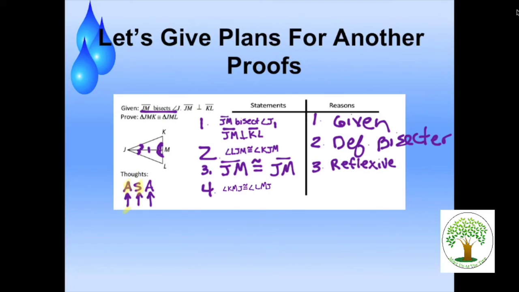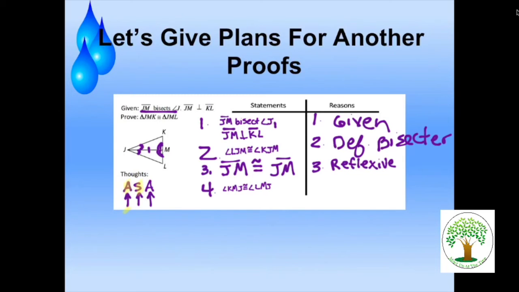Would it be the right angle congruence theorem? Tell me what the right angle congruence theorem says. If two angles are right angles, then they are congruent. That is correct. I had to go back and look at my terms myself. Is it a theorem or a postulate? The theorem.